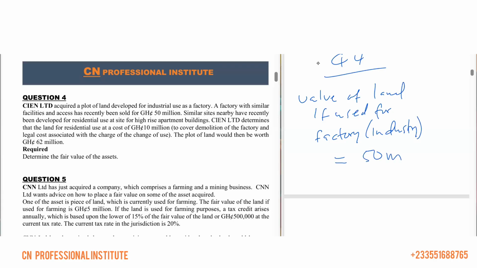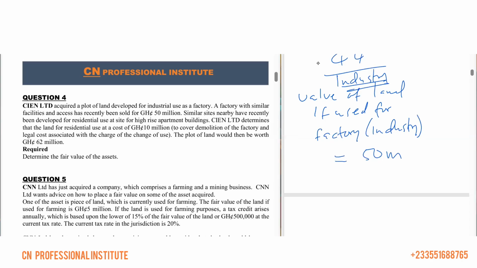So this is the fair value if used for industry. Let me write on top here. For industry, the value will be 50 million because similar factories in that area have been sold for 50 million. So that will be the fair value if used for industry.